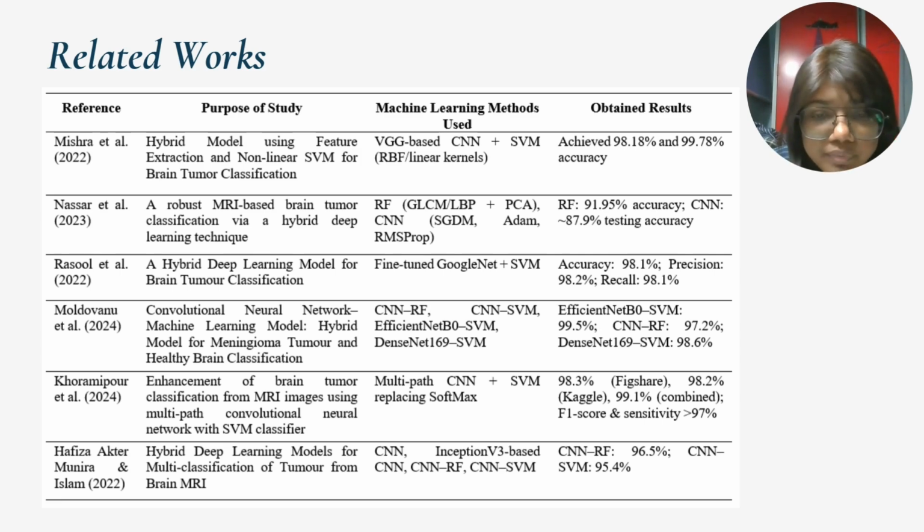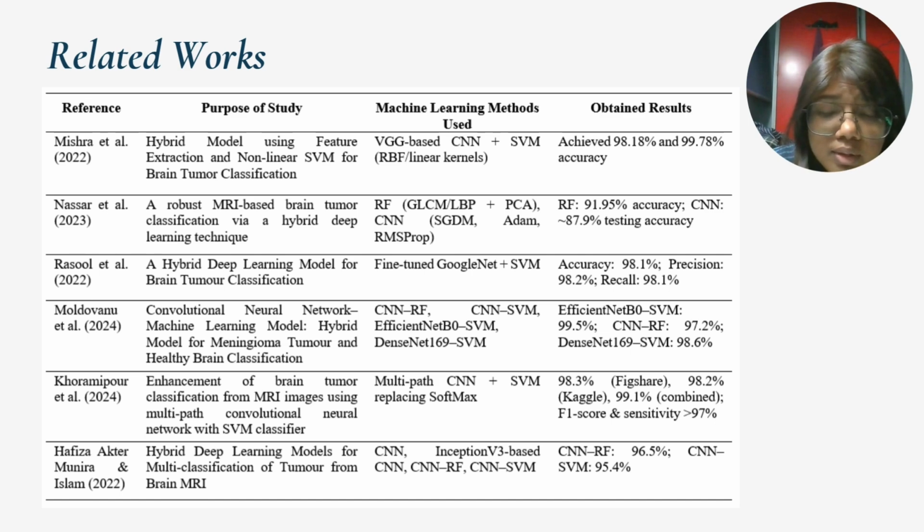Next, by NASA, this study compared random forest and CNN-based approaches using a large dataset of over 3,000 MRI images. They used GLCM and LBP for handcrafted features, followed by PCA for dimensionality reduction.